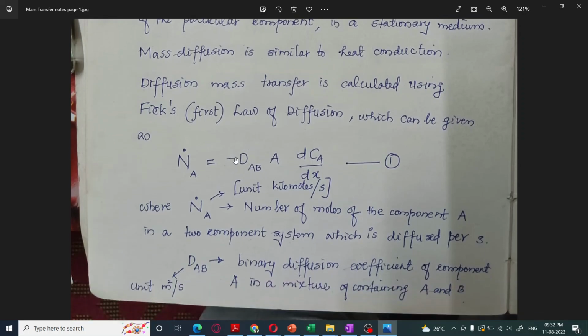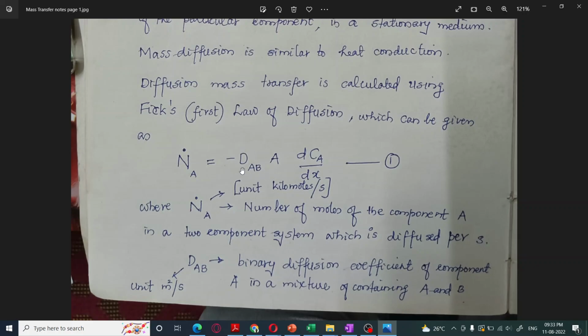Then D_AB is called the diffusion coefficient. This is typically known as the binary diffusion coefficient of the component A in a mixture of A and B. This coefficient is applicable for a mixture of two species A and B, and the species of our interest is the transport of species A. So this is just like alpha or the conductivity k.